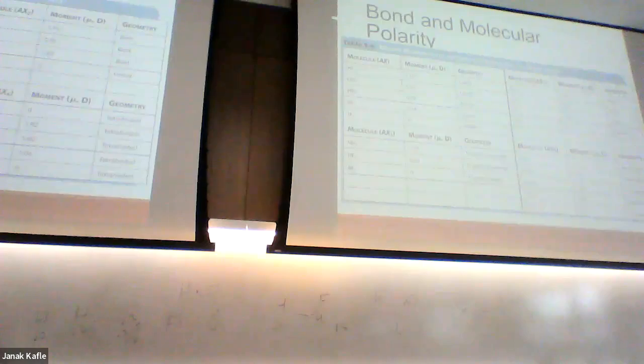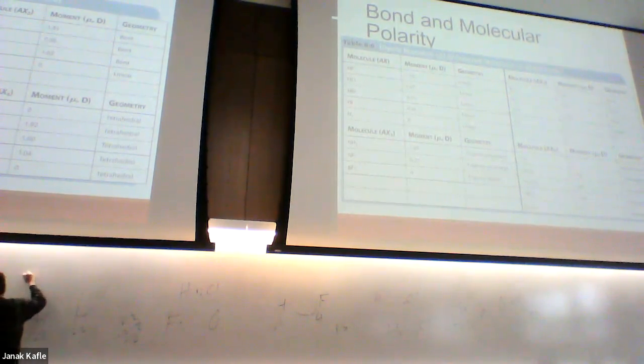Now we will talk about molecules, whether NH3 is polar or not, NF3 is polar or not, BF3 is polar or not. So we need to treat these molecules a little bit differently. I just talked about bond polarity, right? I just had two atoms here. So X is here, Y is here. The electron is sitting maybe near this one or near this one, and I just did one bond, right?